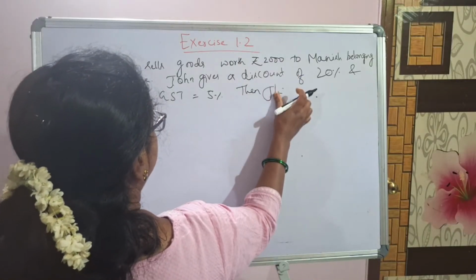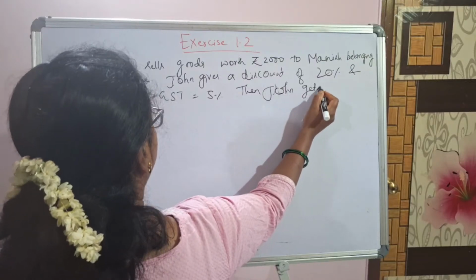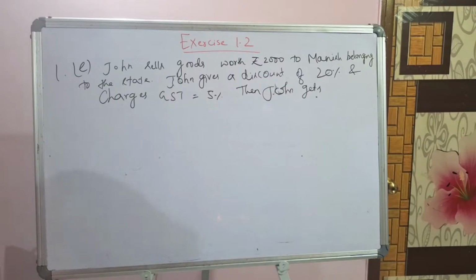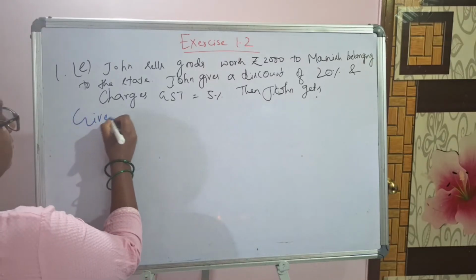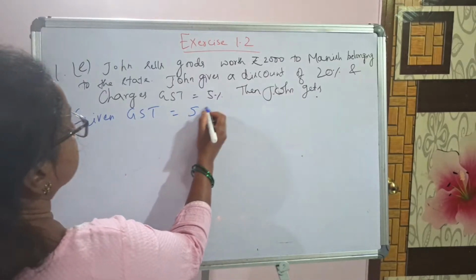Then John gets dash. Given GST is equal to 5%.